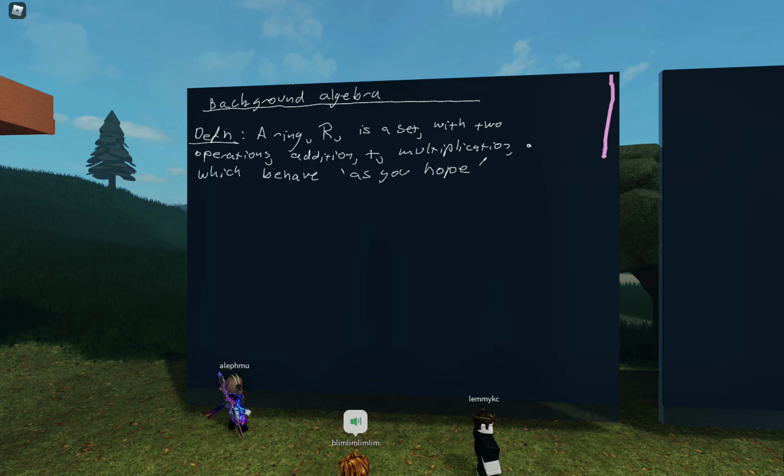What the multiplication and addition should satisfy is, if you have three arbitrary elements of the set, firstly, the addition should be associative, meaning that if you add A and B together and then add C, that should be the same as adding first B and C together and then A. And likewise, multiplication should be associative.